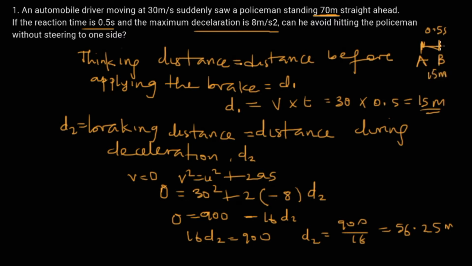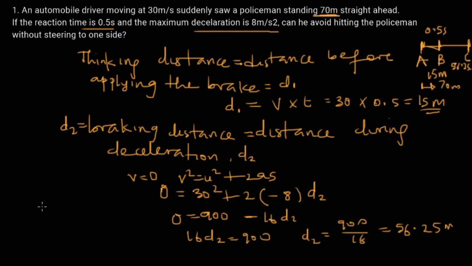Now from point B, he applied the brake because he had already reacted. Then, upon the application of the brakes, let's say this is point C, he also spent 56.25 meters. Don't forget that from this point, he had seen the policeman 70 meters ahead.